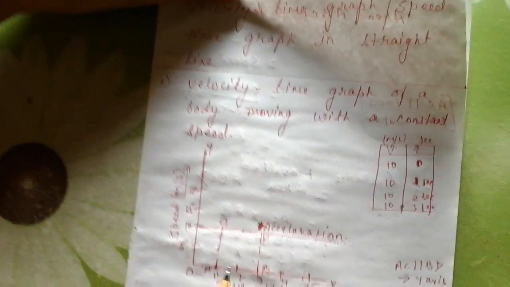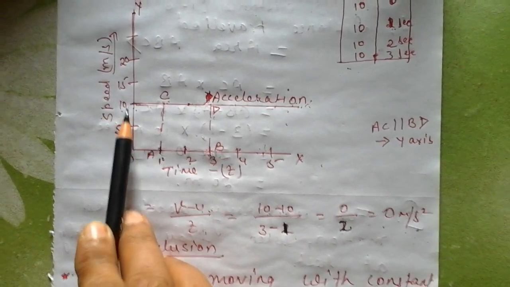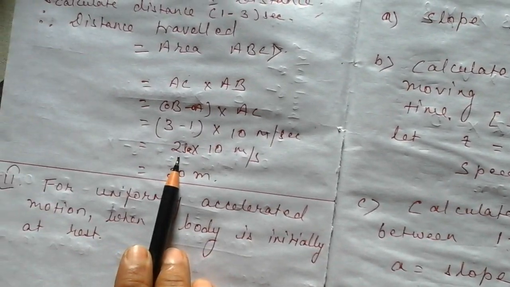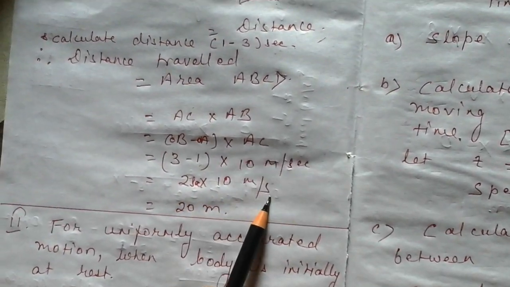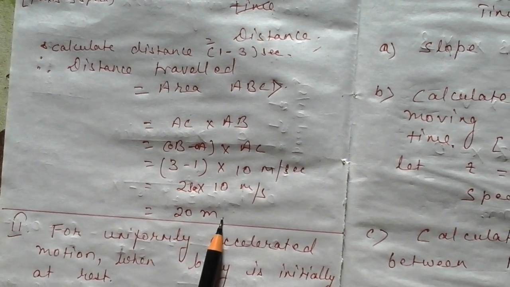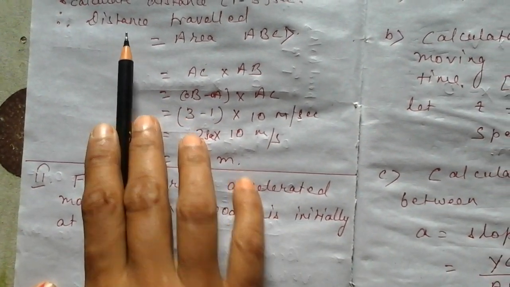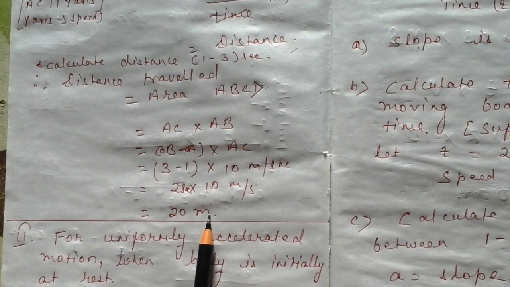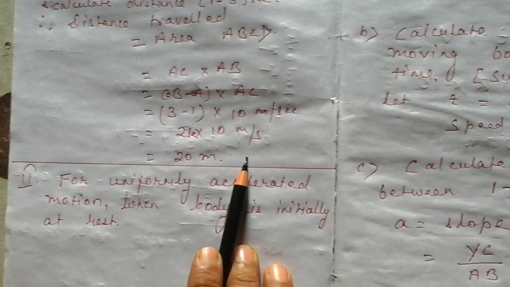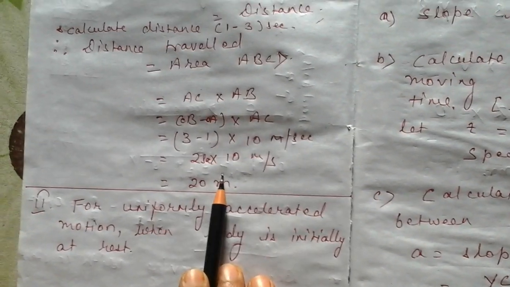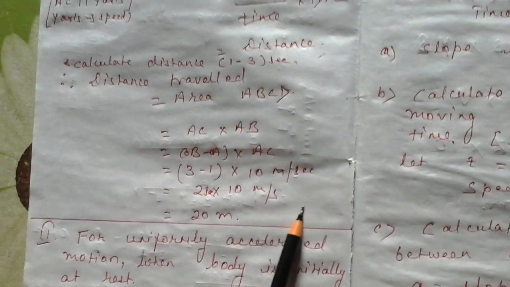So 2 into 10 meter per second, that is 20 meter. We have got the distance travelled. So from one velocity-time graph we are able to calculate the distance, acceleration and speed.